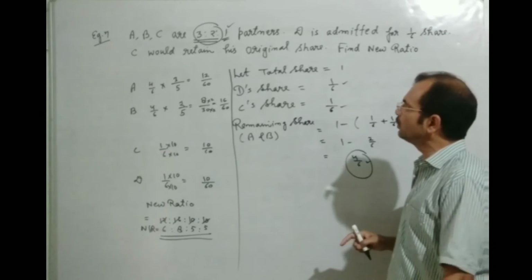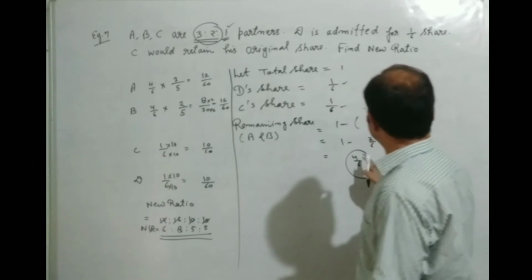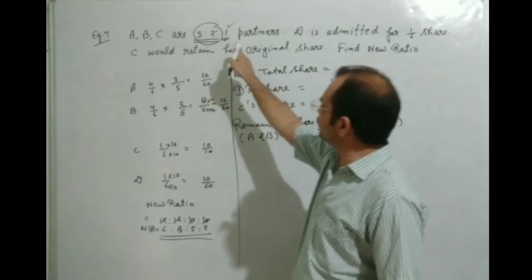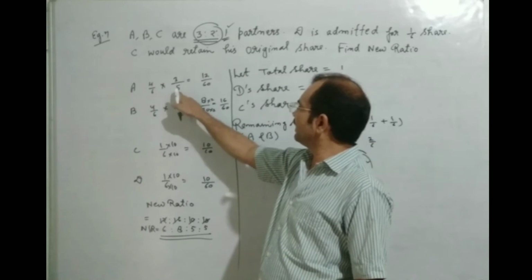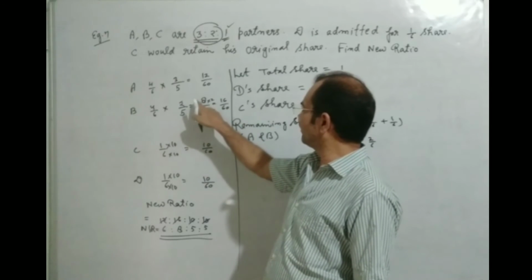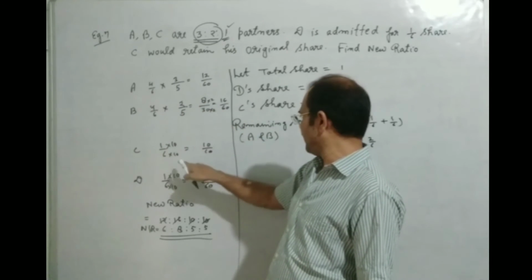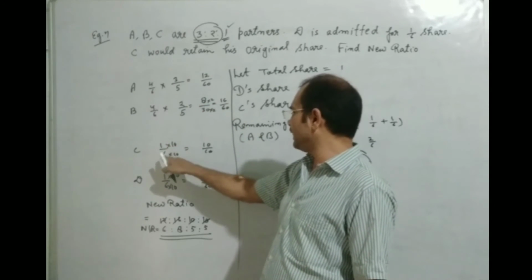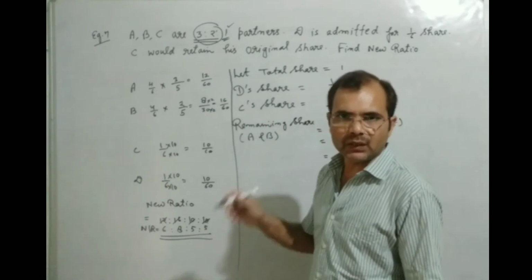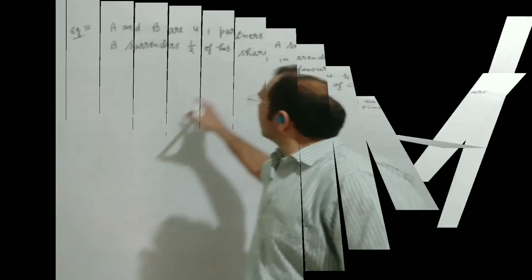That was the old ratio. And when we distribute this 4 upon 6 in 3:2, we will find 12 upon 60, and here 8 upon 30, and here already given 1 upon 6, 1 upon 6. After that we will make the denominator equal and find the new ratio.